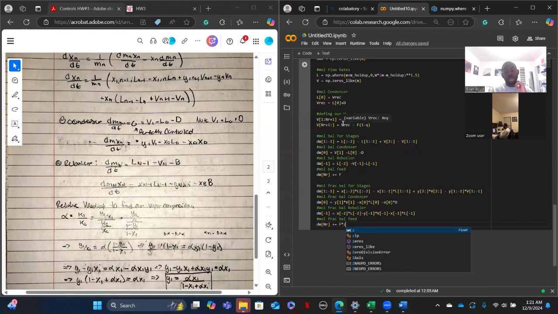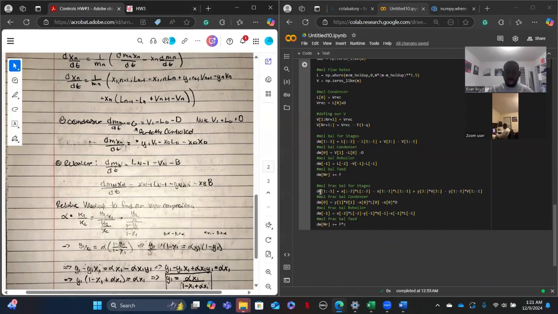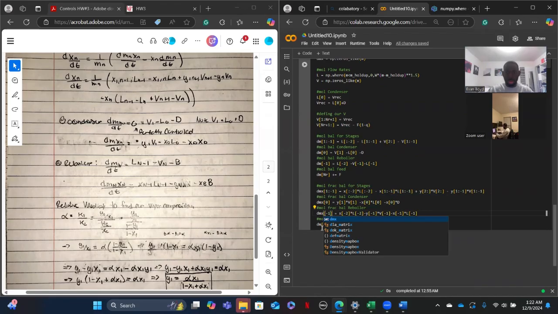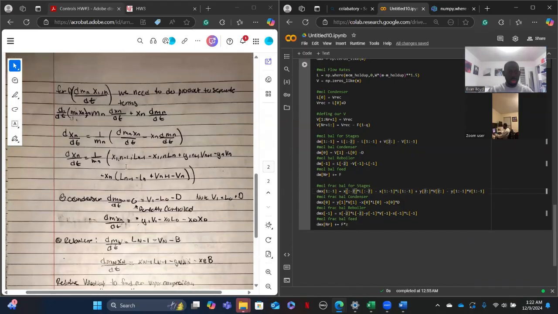So we have our mole balance for our mole flow rates and then for our mole fractions. And the last thing we need is our mole fraction by itself, because this is our DMX. So we need to actually have dx by itself. It's just this derivation.